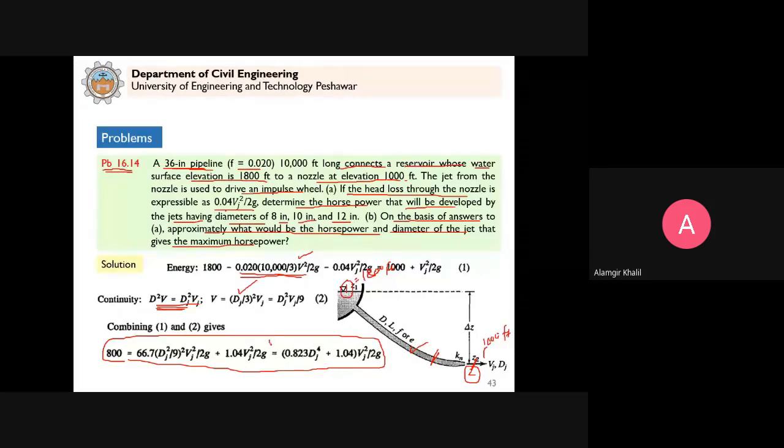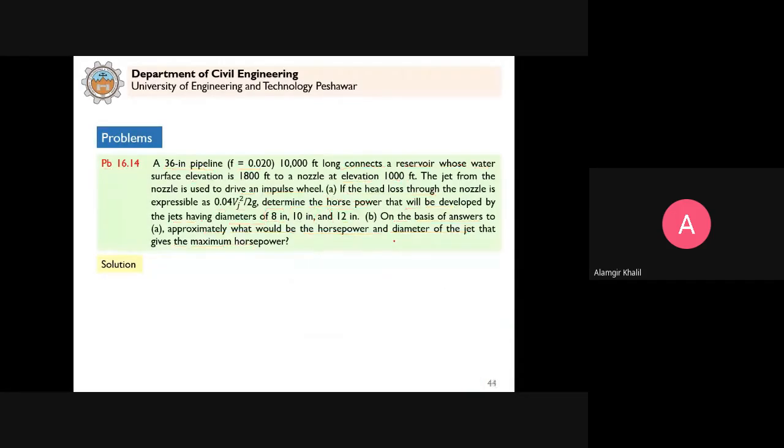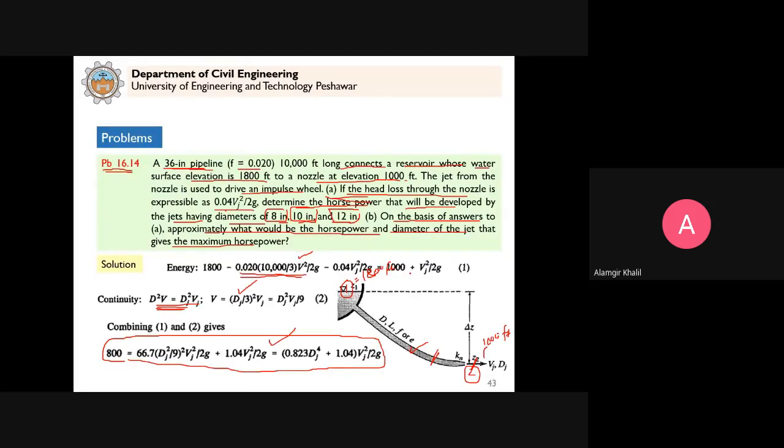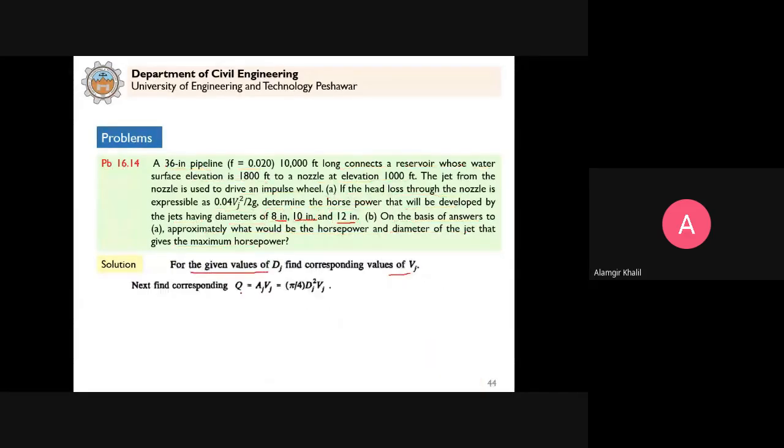So now in this equation, we can put 8-inch diameter of jet, 10-inch diameter of jet and 12-inch diameter of jet, and we can calculate the horsepower. So for the given values of dj here, 8-inch, 10-inch, 12-inch, we can find vj from this equation. Once you calculate vj, then we can calculate the discharge, and once we know the discharge, we can calculate the power.